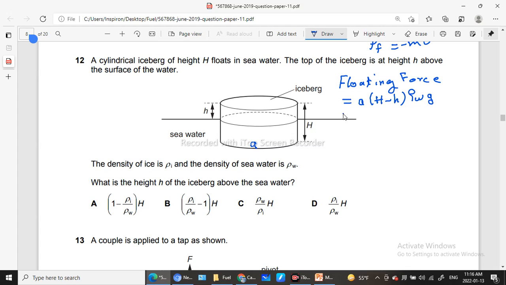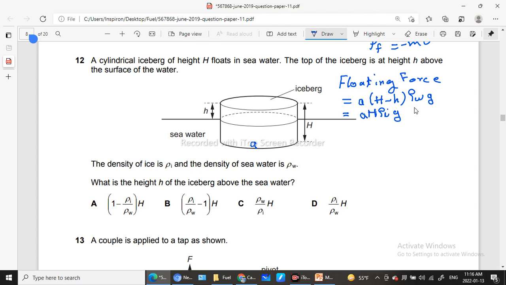This force equals the weight of the iceberg, which equals its volume. Its volume is the base area times the capital H, times the density of ice times g.